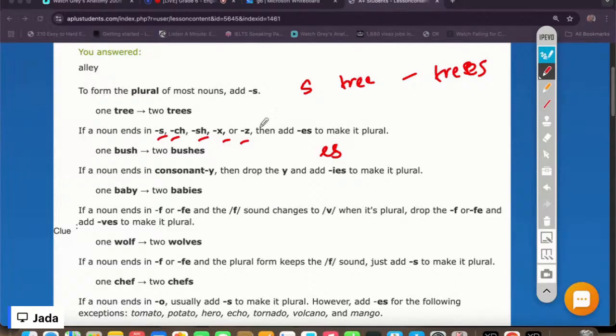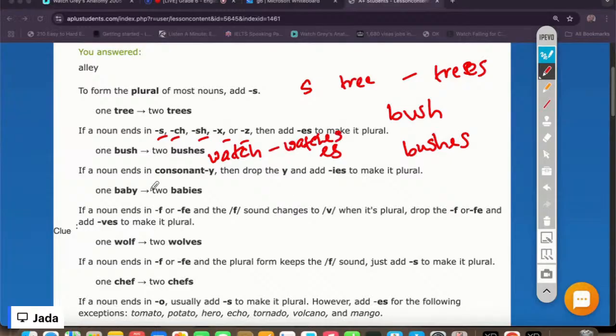All right, so just like we have bush, and bush ends in what? sh. So you have to make it bushes with es, okay? Or maybe when you have watch and you want to make it plural, you say watches.